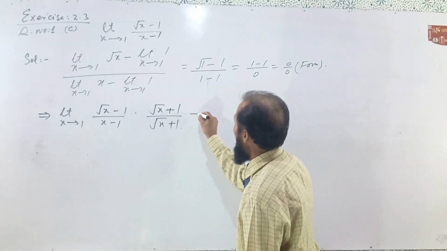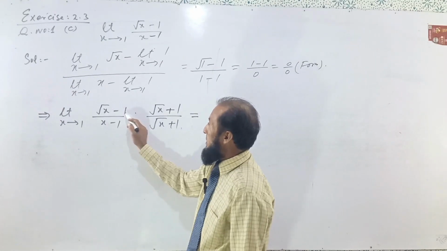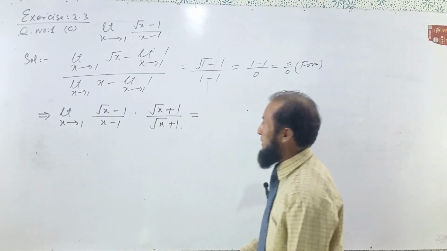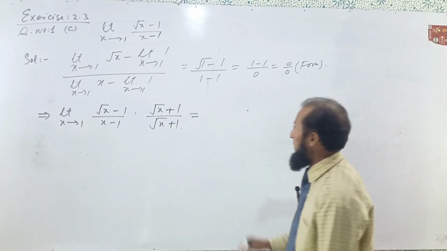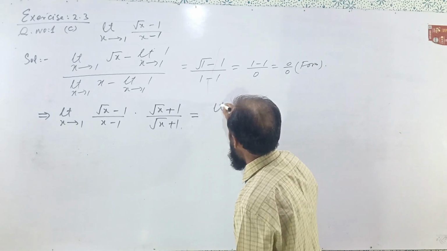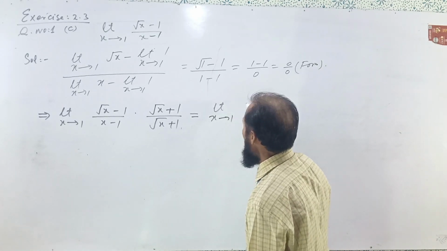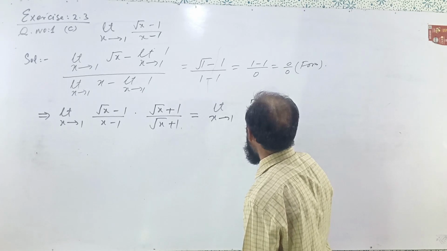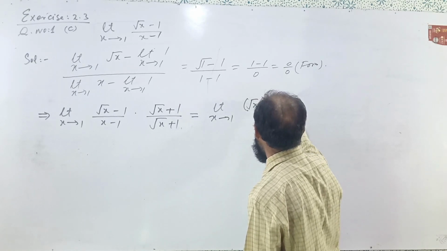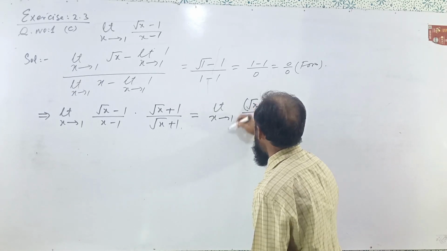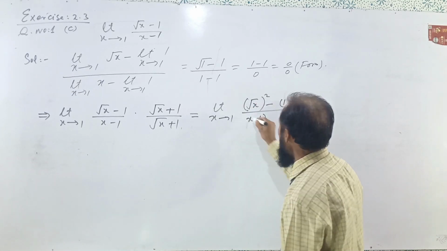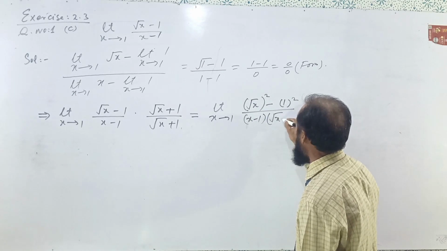Now we can use the formula (a minus b) into (a plus b) is equal to a square minus b square. So expanding by the formula, we get (square root of x) whole square minus 1 whole square, divided by (x minus 1) into (square root of x plus 1).